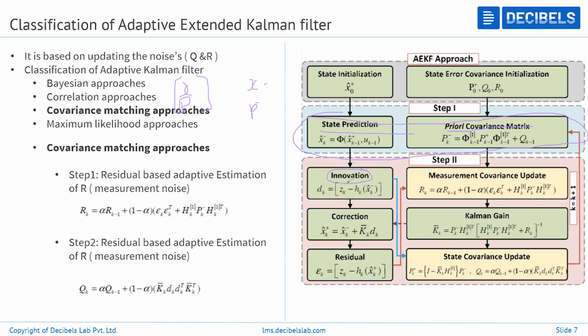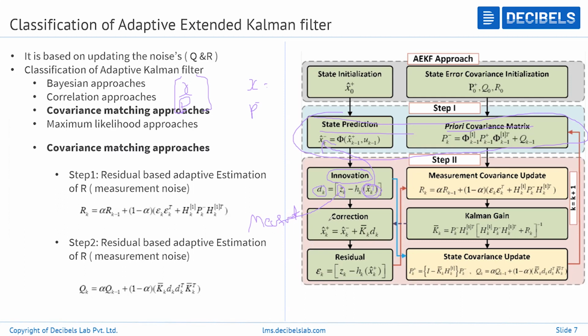What exactly do we do in the innovation step? We get the measurement value from the sensor, say a voltage from the sensor, and this is the predicted voltage. You do the calculation with the matrix H and you get d of k. This is the innovation step.